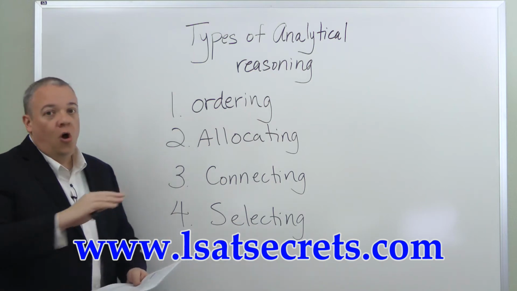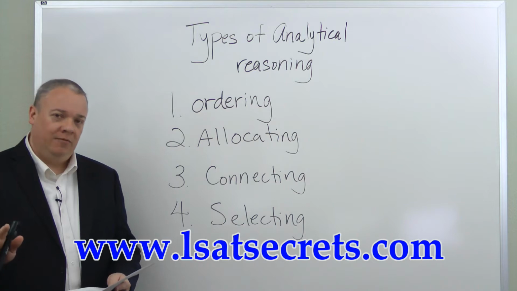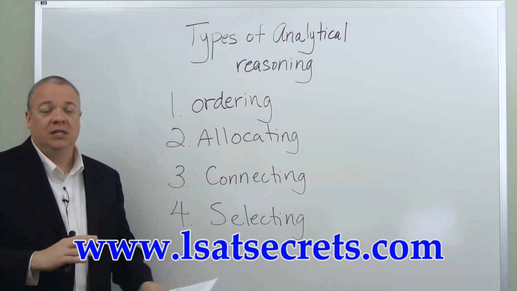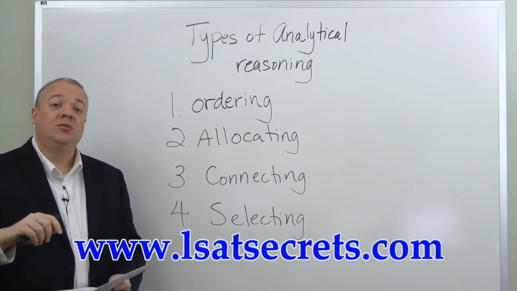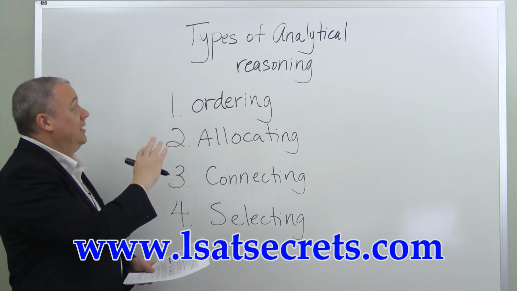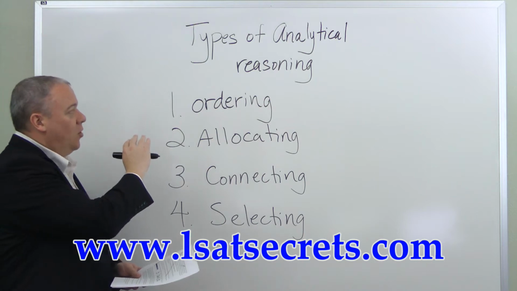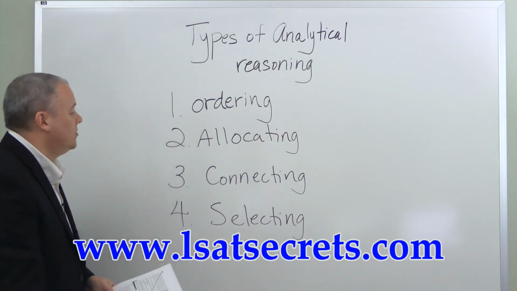So here you're ordering them by number, by color, by size, by shape, whatever. So your ability then to take a group of objects, people, or things and order them logically according to the conditions given in the question. So there'll be, usually in analytical reasoning sections of tests, there'll be some ability to order. There'll be questions showing your ability to order objects or things.